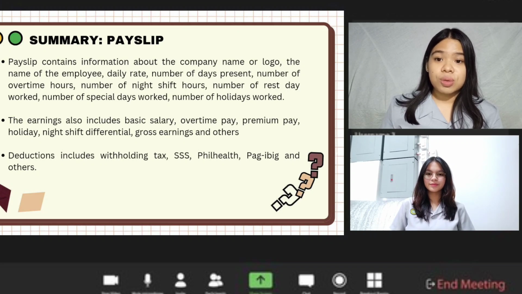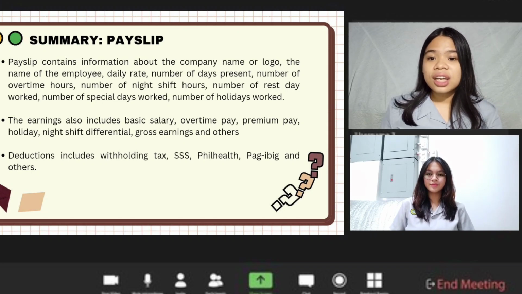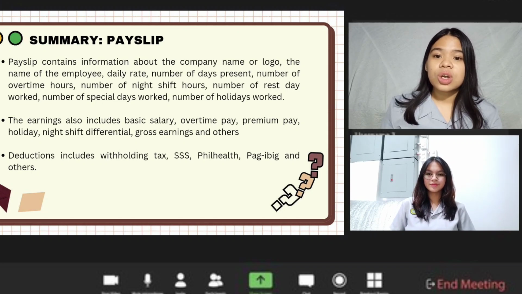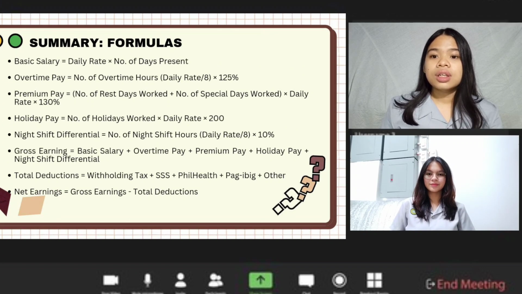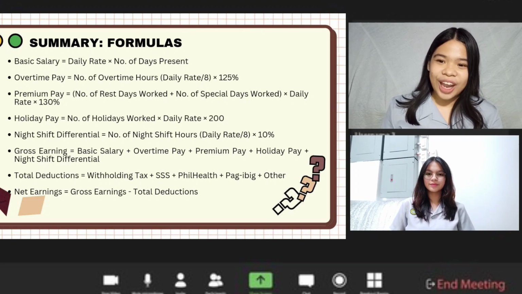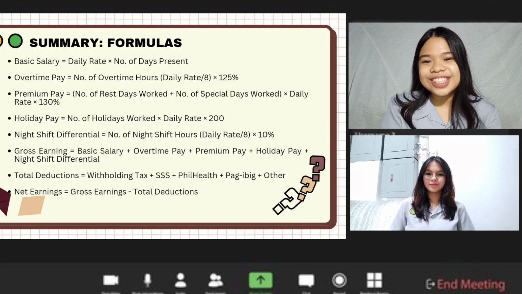The earnings also include basic salary, overtime pay, premium pay, holiday pay, night shift differential, gross earnings, and others. Deductions include withholding tax, SSS, PhilHealth, Pag-ibig, and others. To compute for the basic salary, you need to multiply the daily rate and number of days present. Are you following, fellow students?